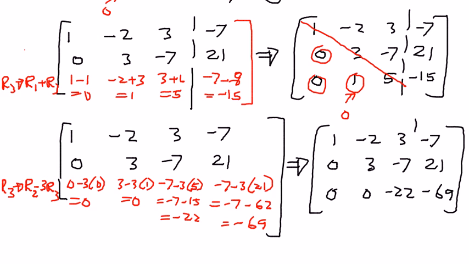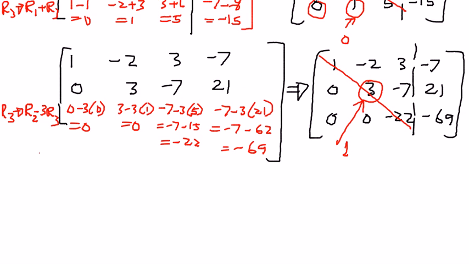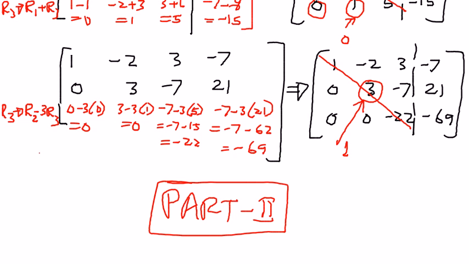If I were to draw a partition line here, and a line across this diagonal, we want to be able to get a 1 in this location here. Therefore, we will now continue in part 2 of this presentation, where we will complete this problem.